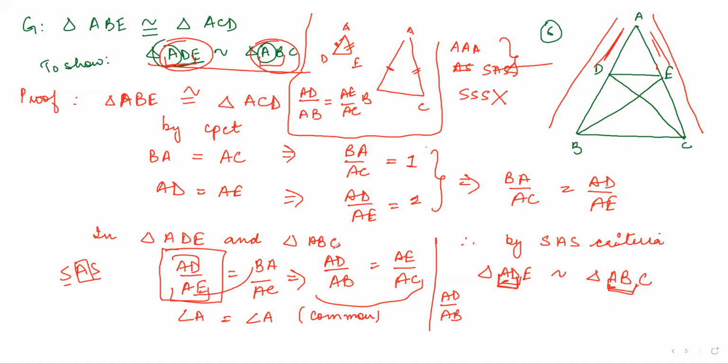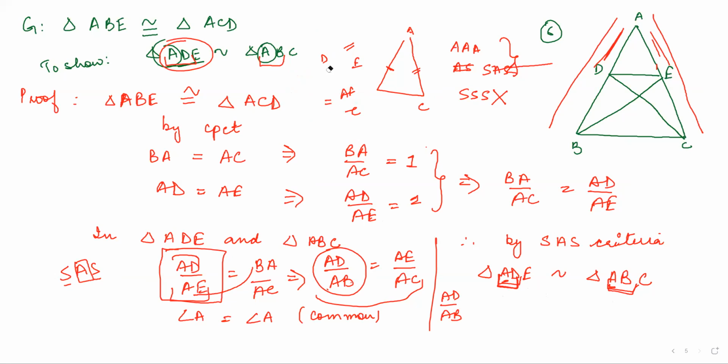So that's why I've brought AB here. Any confusion? If you have any confusion, just tell me right now. I hope it's clear, right? I'm writing this. Yes, you write it.